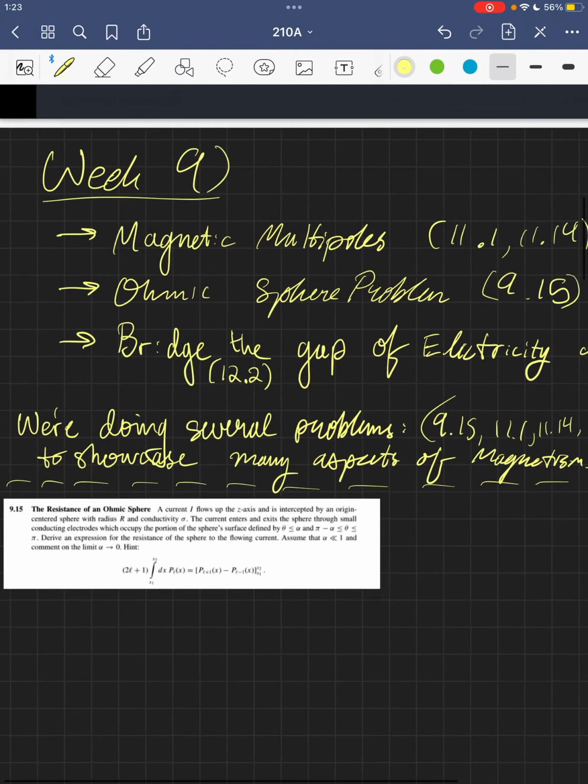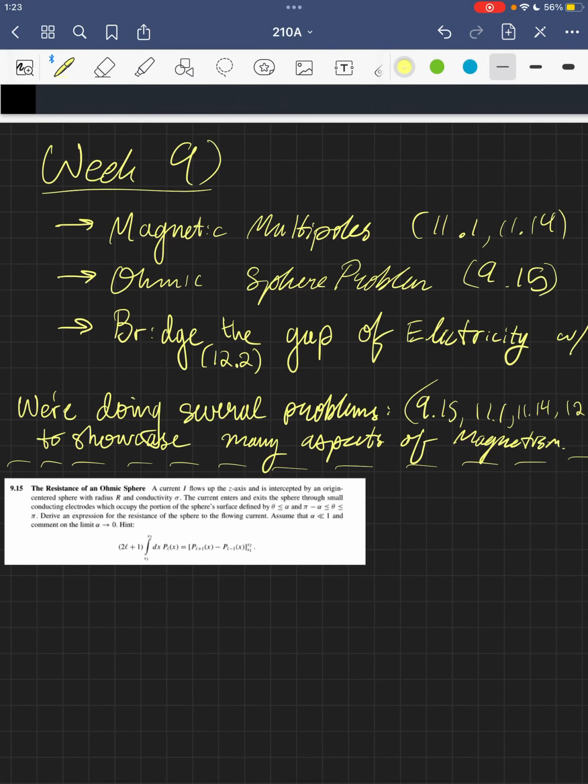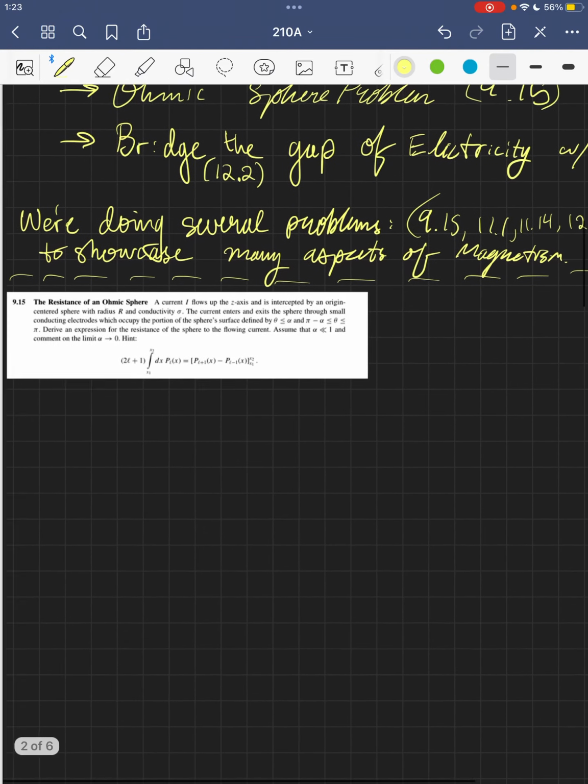All right, so I'm going to record a few example problems to do with magnetism this week, just so we can do more than what was done in discussion the previous weeks, and so I could go over the question that a lot of people were emailing me about in regards to Chapter 9, Problem 15.